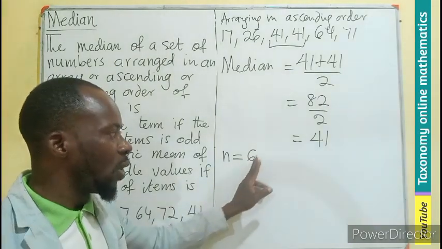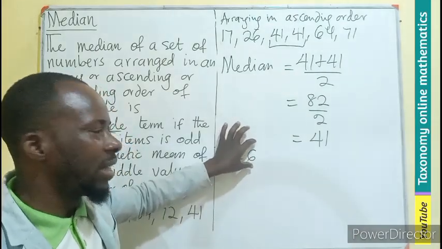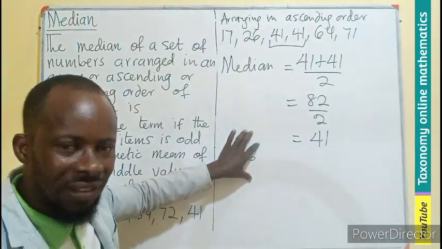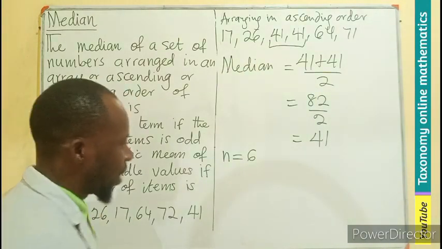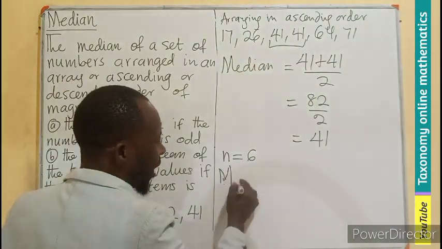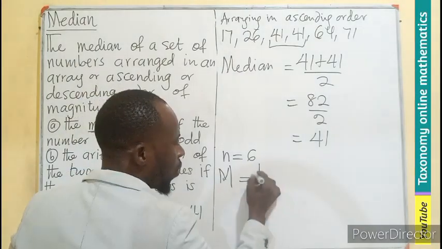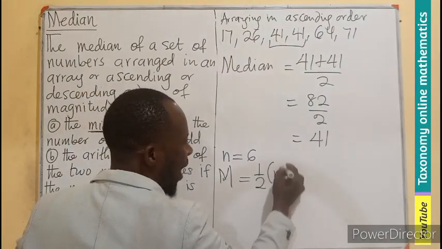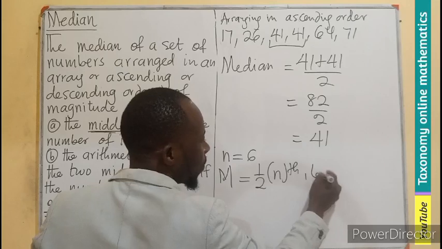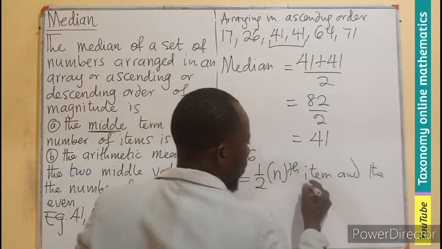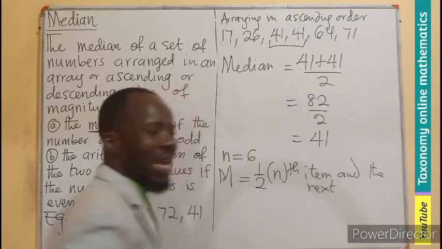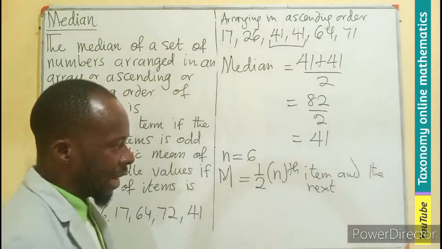So in this case, we are going to find the half of this and the item after the answer. What I mean is that your median is going to be 1 out of 2 of the nth item and the next one.